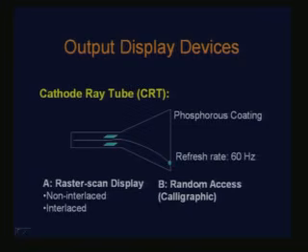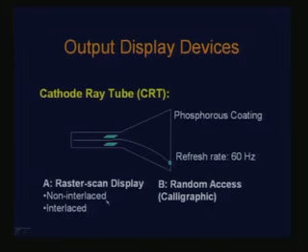So, wherever it comes I just put that on. Again, in the case of raster scan display, I have what we call non-interlaced and interlaced. Non-interlaced means I go through every scan, one scan after the other one.